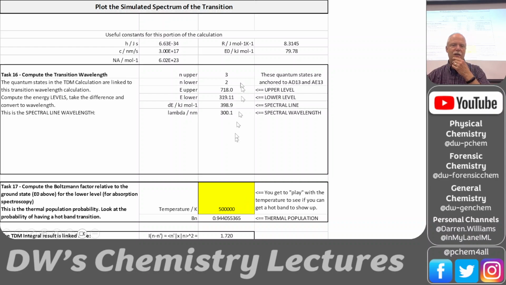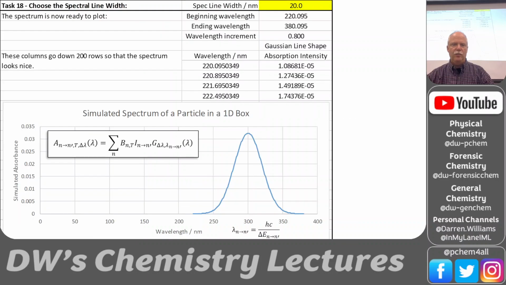We've got calculations associated with the energy of the upper state, the energy of the lower state, the change in those two, so the difference between those two, and then converting it to wavelength. So follow your units and so on. This is the wavelength in nanometers. This is kilojoules per mole for the energy. So you've got to take into account Avogadro's number. Got to get out of kilojoules and all of that and into nanometers. And then we will plot that.